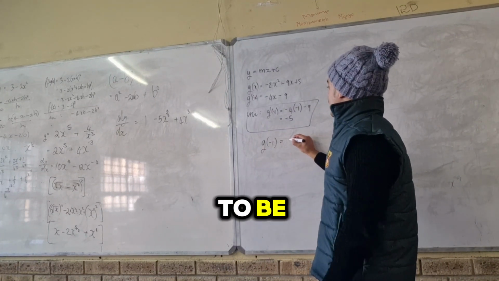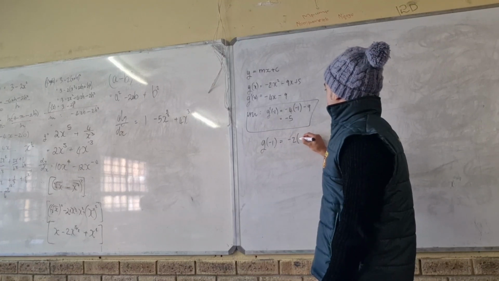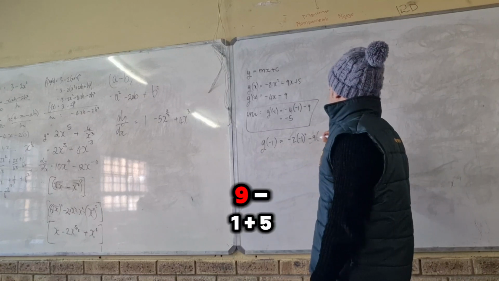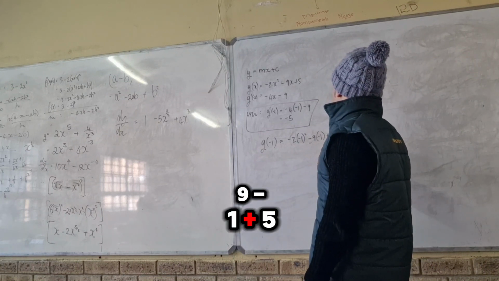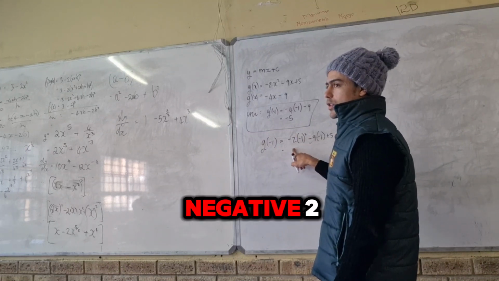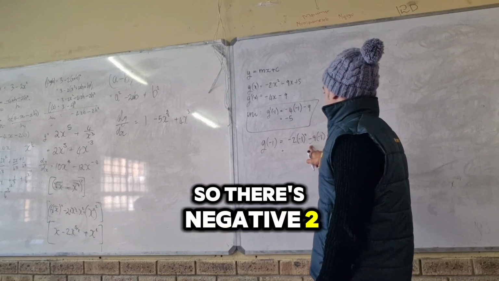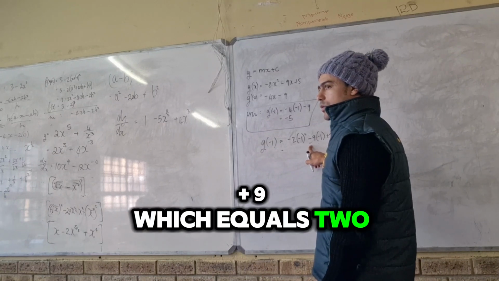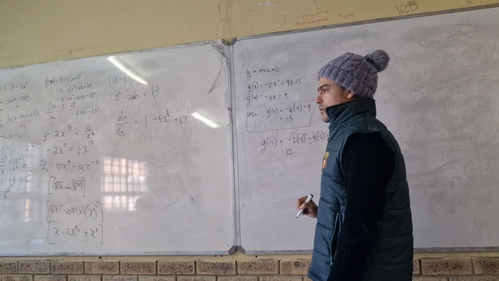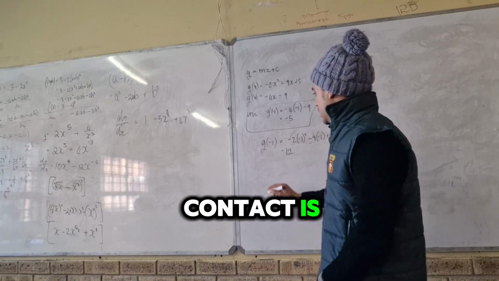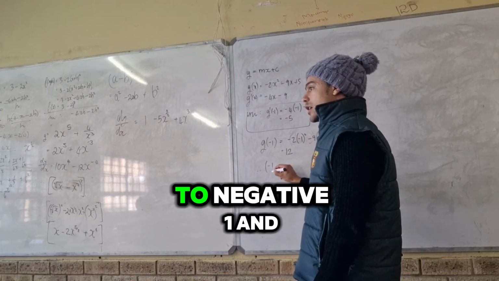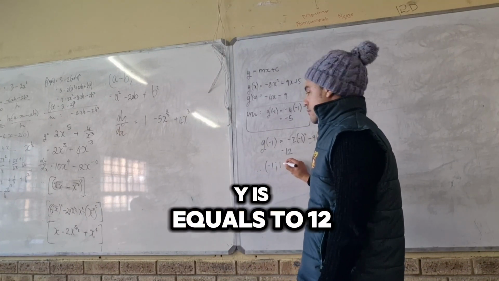This is -2 times (-1) squared minus 9 times -1 plus 5, which is -2 plus 9 plus 5, and the answer is 12. So my point of contact is where x equals -1 and y equals 12.